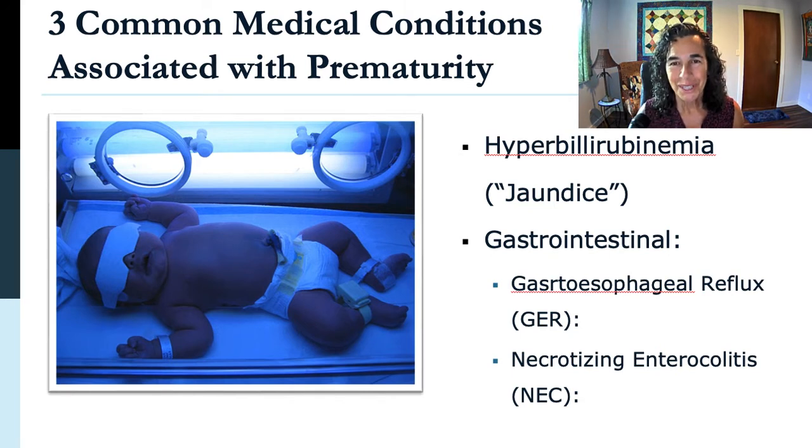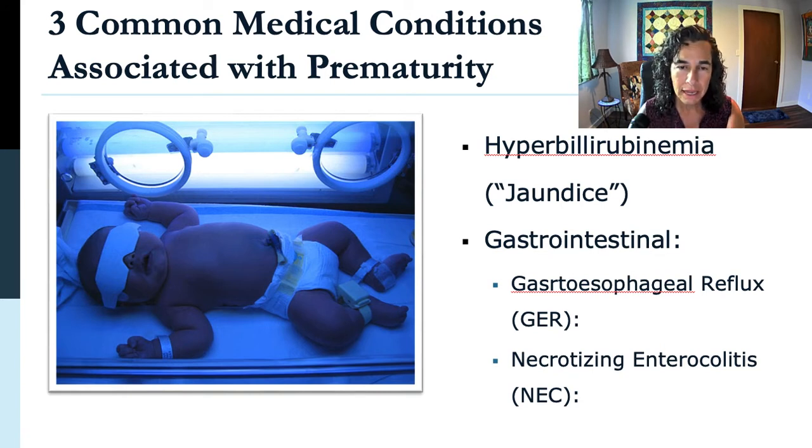This is the third slide of common medical conditions, and hyperbilirubinemia, also known as jaundice, is one of those conditions, and this is an excess of bile that builds up. It happens in premature infants. They wind up looking yellow, and one of the treatments is what you see in this image, which is treating the baby with light, so light therapy.